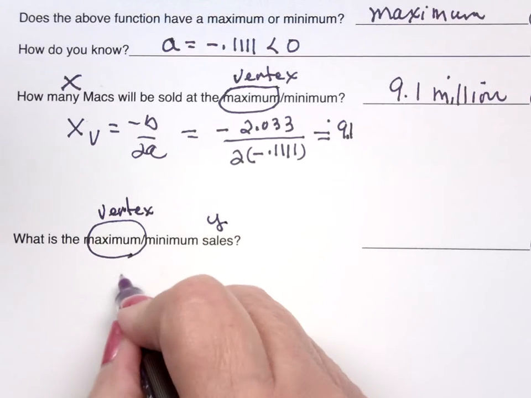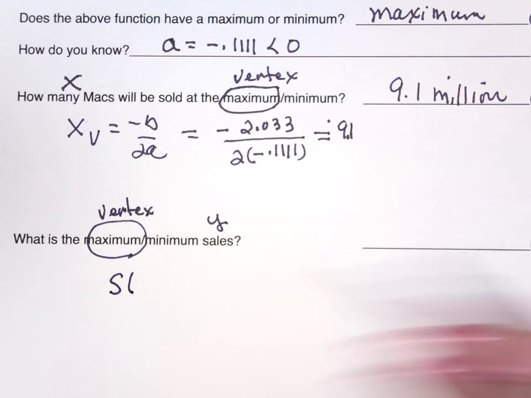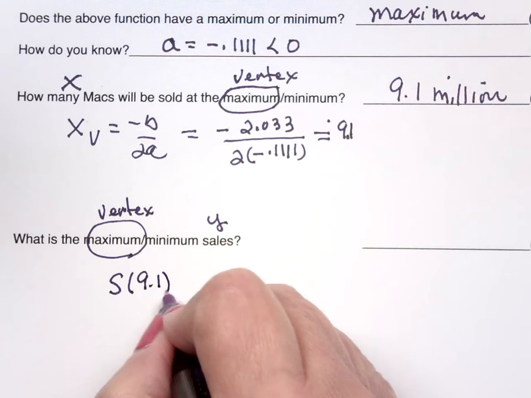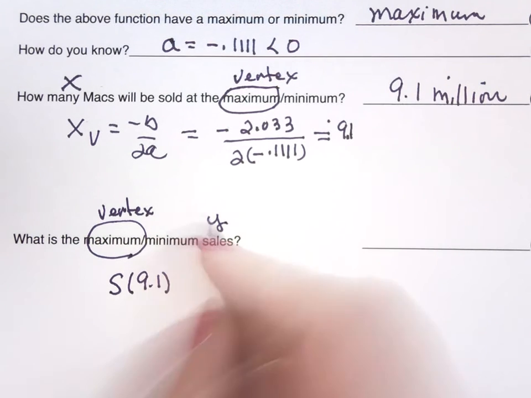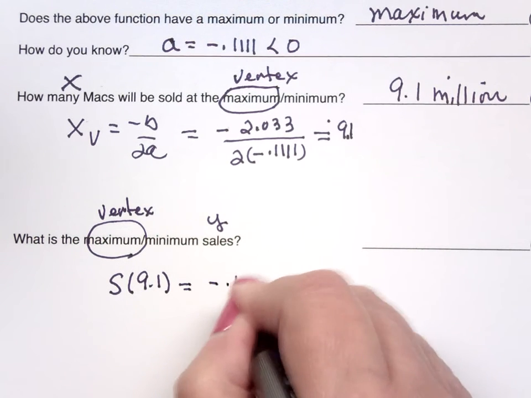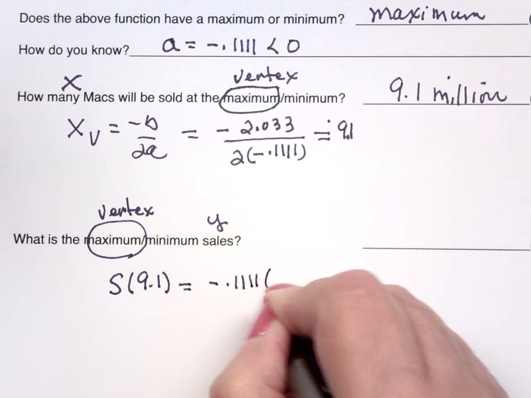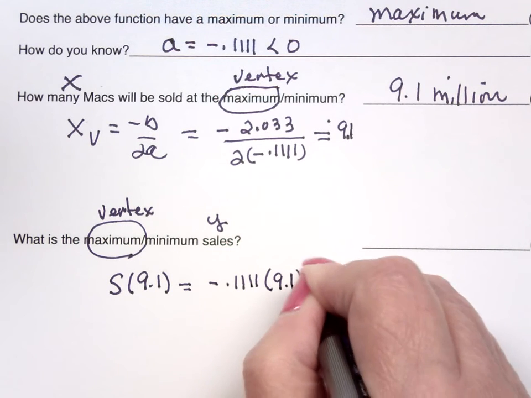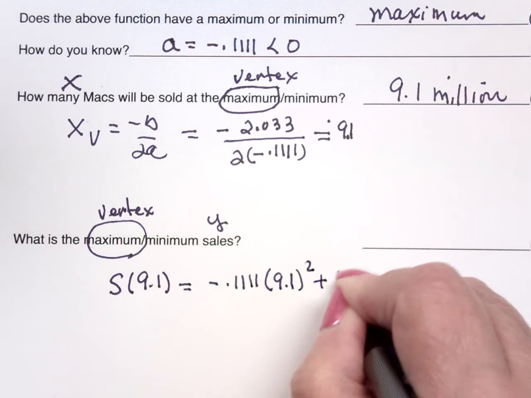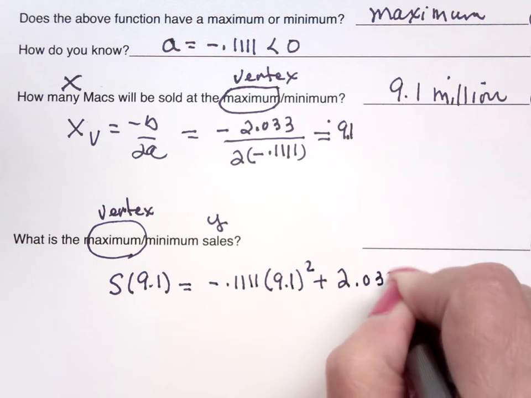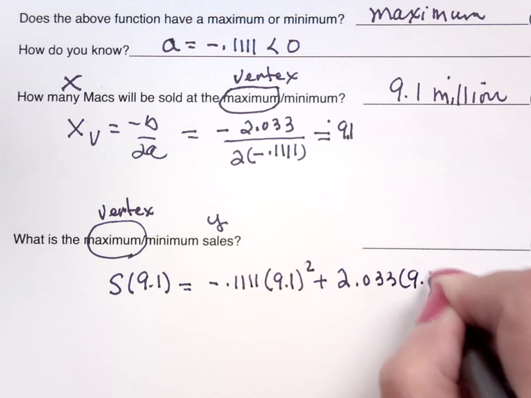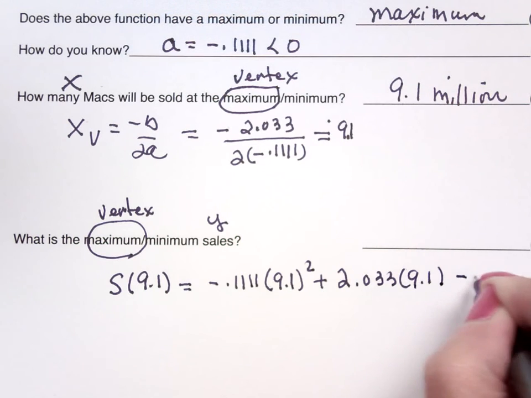So I'm looking for S of 9.1, which is negative 0.1234 times 9.1 squared plus 2.033 times 9.1 minus 0.6.